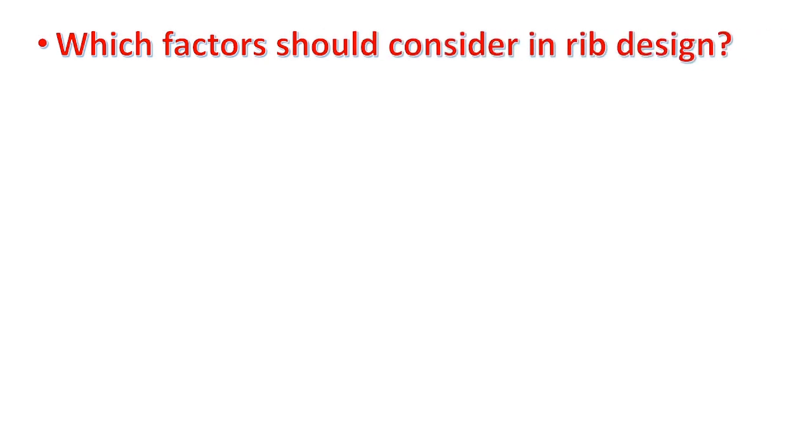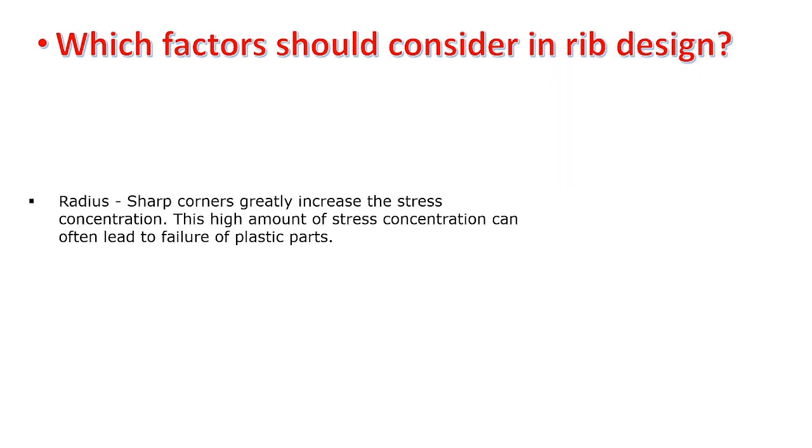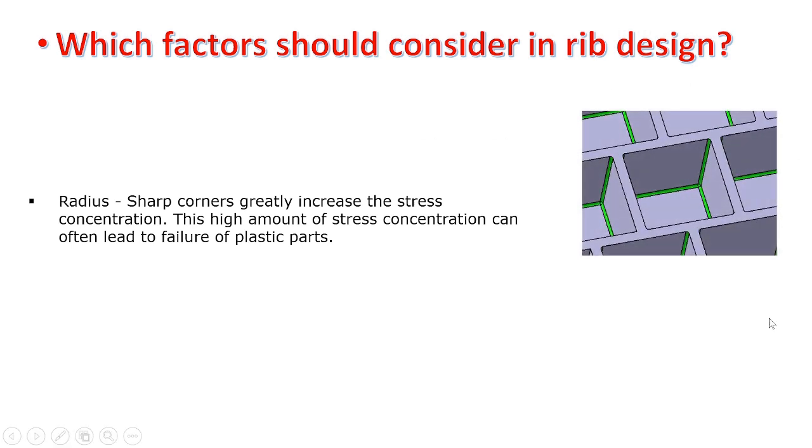So the next point is which factors should be considered in rib design. We will discuss in detail. First one is the radius, sharp edges. You can see here that the green portion shows the radius. Why is the radius important?